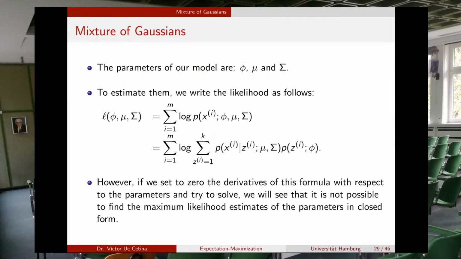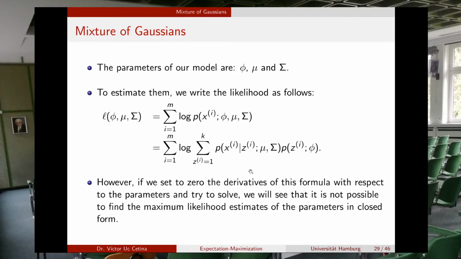So if we set this log likelihood function to 0 after computing the derivative to try to maximize it, which is what we want. We want to find the parameters phi, mu, and sigma that will maximize the probability of observing the data we have been given.